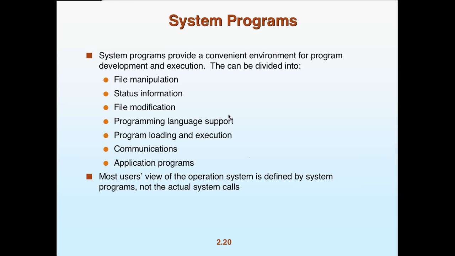So it's a program written in user mode that manipulates the kernel, talks to the kernel, versus, let's say, Microsoft Word, which is a word processing program, or QuickBooks, an accounting program of that nature that runs a user task. So systems programs are designed to communicate with the kernel for the most part. And the categories are file manipulation, status information, file modification, programming language support, loading and executing programs, communications and application programs.